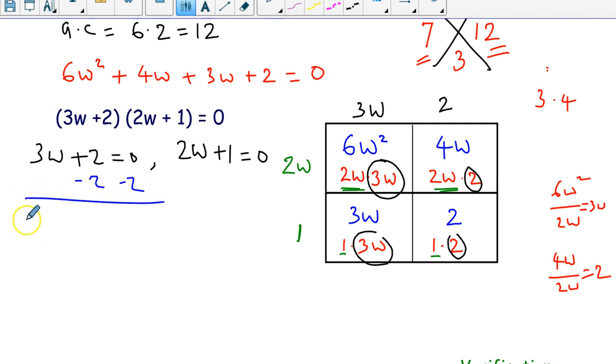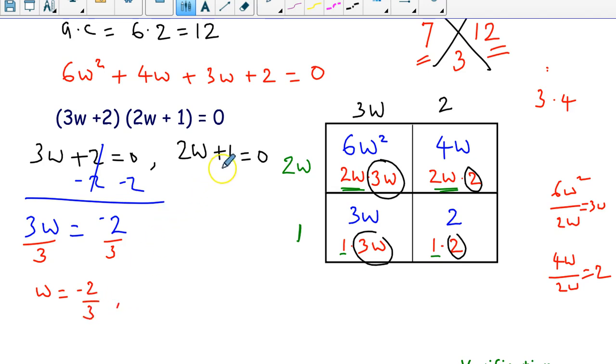Taking away 2 and 2, you get 3W = -2. To find W, or make W by itself, divide by 3 on both sides, and you get W = -2/3.